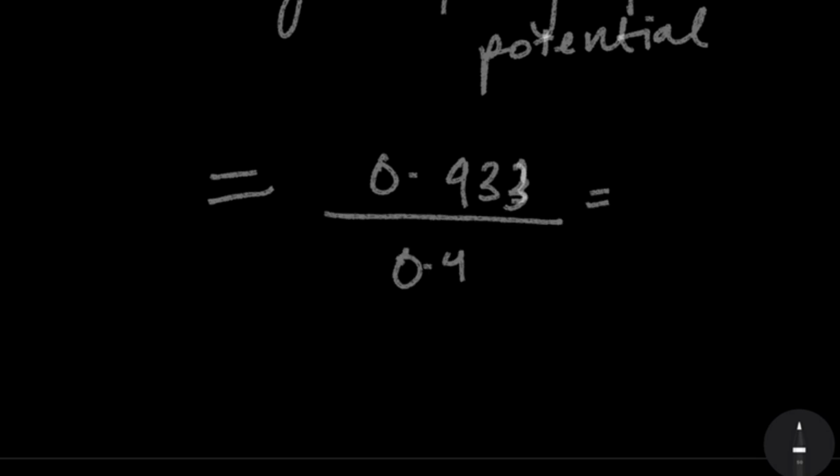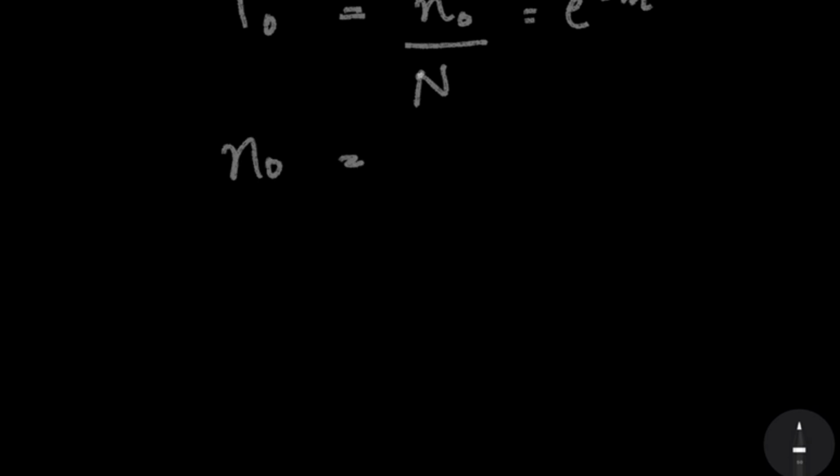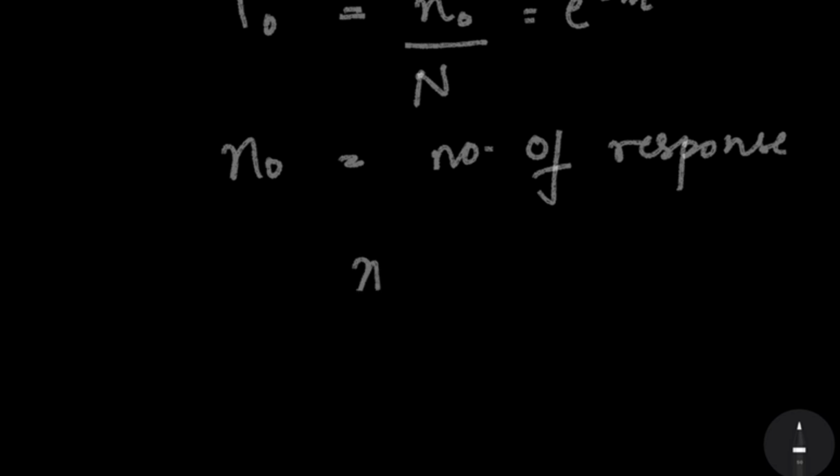If we compare the calculated and observed values of px, the agreement has been found to be excellent, in particular according to Poisson's law, which is p0 = n0/n = e^(-m), where n0 is the number of null responses, equal to 18 in the series under consideration, and n is the total number of impulses, equal to 198. If we calculate this, it comes out to be 2.4 instead of the experimental value, which is 2.33. So it's very, very close.